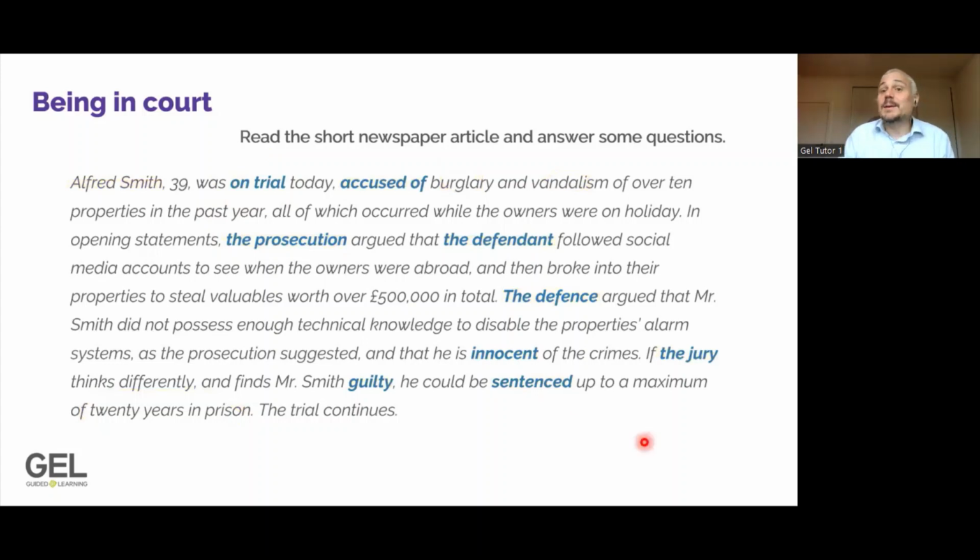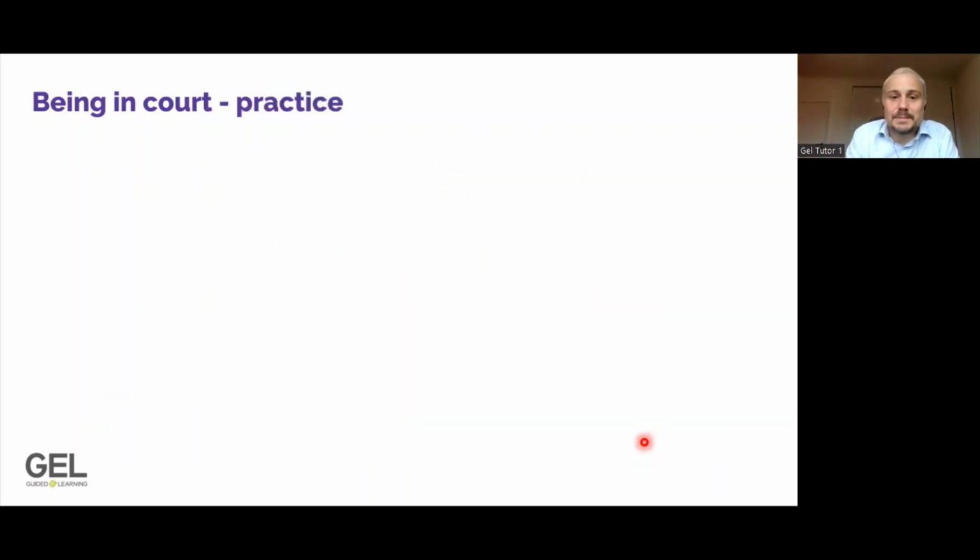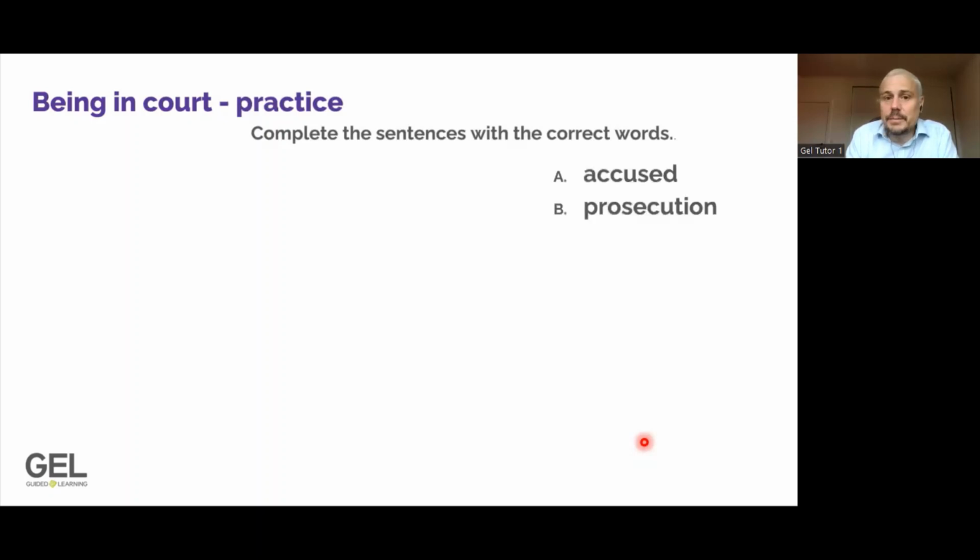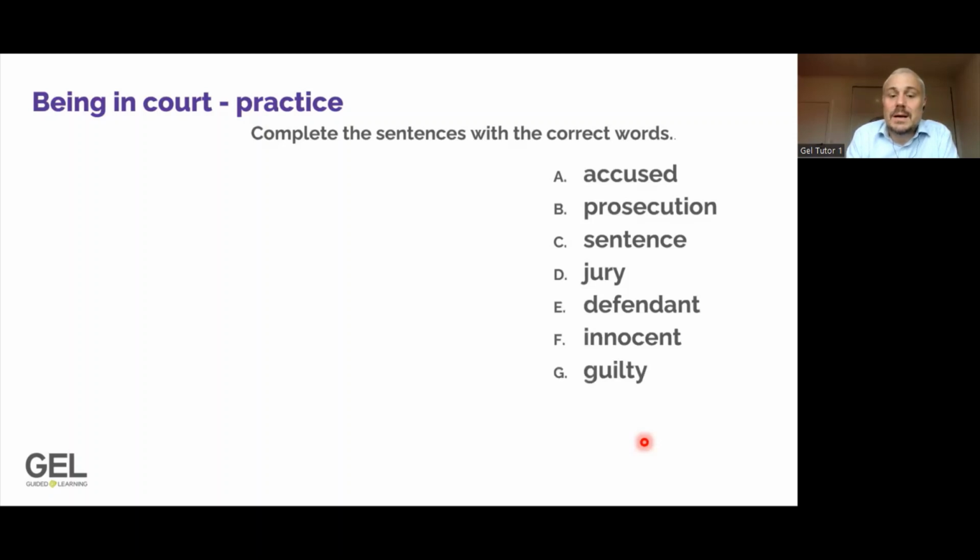Okay, let's practice all of this vocabulary related to the justice system. I'm going to show some sentences, and you need to complete the sentences using the words here: accused, prosecution, sentence, jury, defendant, innocent, guilty.